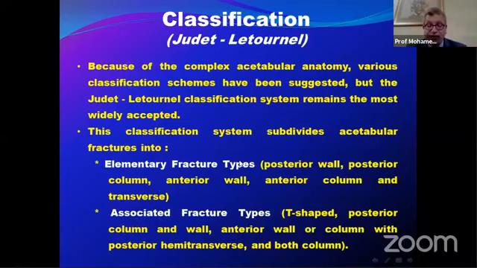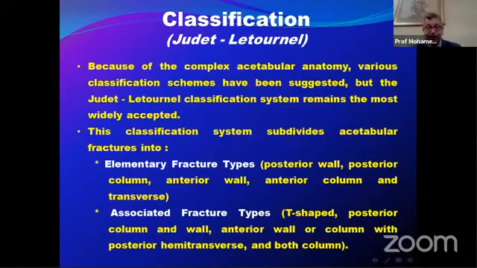The elementary fracture types: posterior wall, posterior column, anterior wall, anterior column, and transverse. And for the associated fracture types: T-shaped, posterior column and wall, anterior wall or column with posterior hemitransverse, and the very important both column fracture.